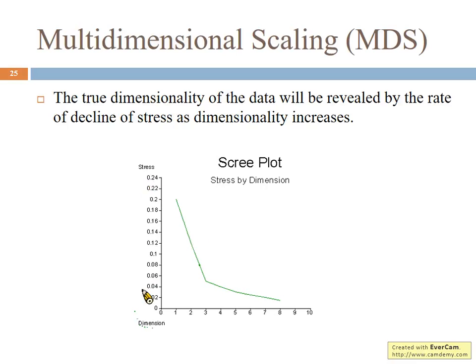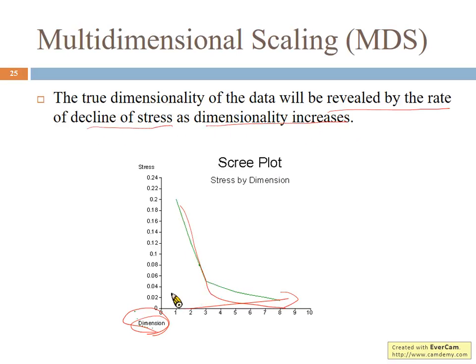So here is an example showing that if we use more dimensions to represent the data points, then the stress value will decrease as the dimension increases. The true dimensionality of the data will be revealed by the rate of decline of stress as dimensionality increases.